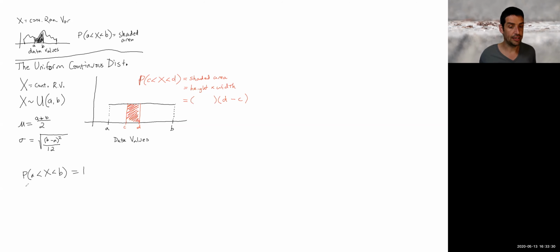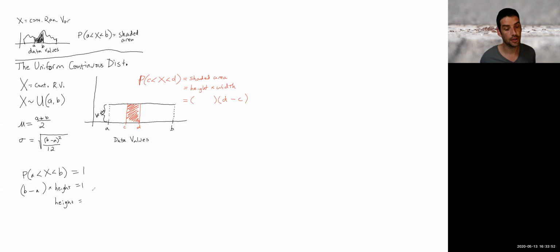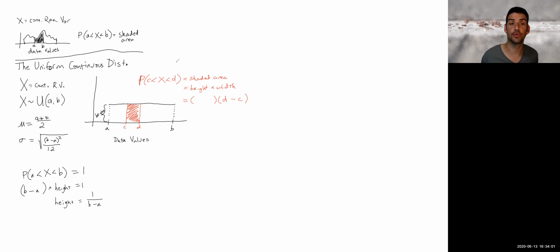The area of this rectangle is B minus A times the height. Well, we can solve this equation and see that the height must be equal to 1 divided by B minus A in order to ensure that the area is 1. Okay, so that's how that has to work out.